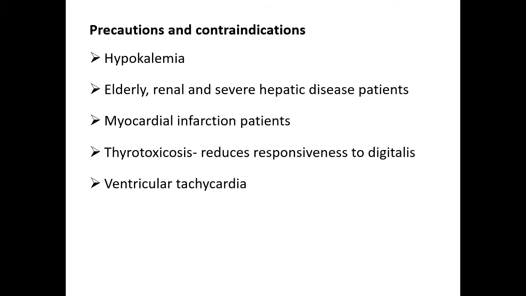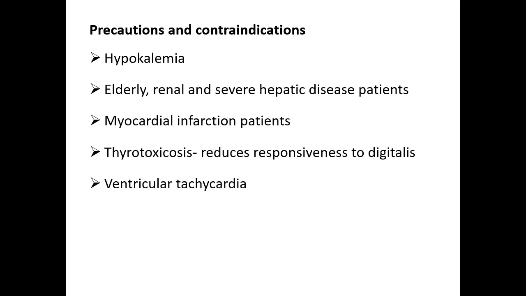Now coming to the precautions and contraindications. In hypokalemic conditions, cardiac glycosides are contraindicated because in hypokalemia there is a decrease in potassium. So the competitive antagonism of potassium with the digitalis is reduced.